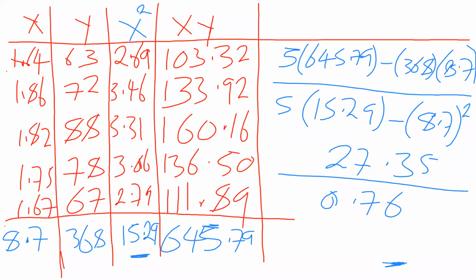Okay. Then divide now. What is the value of beta 1? 35.99. So 27.35 divided by 0.76.